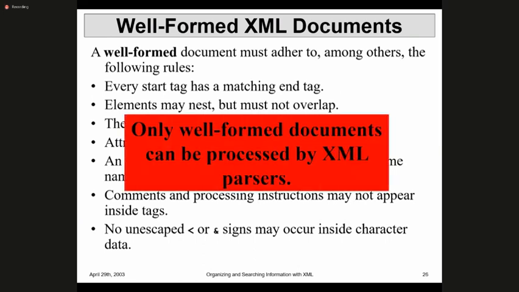Only well-formed documents can be processed by XML parsers, right? So this is the thing. If it is not well-formed, that means it is definitely not going to work in the way that you intended, right?